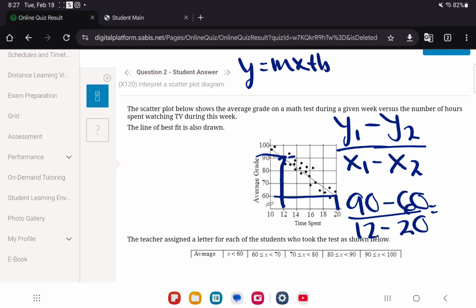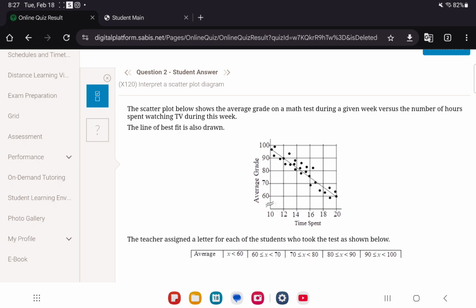We get minus 15 over 4, and that's your m, okay? So let's clear the page and write y equals our m, negative 15 over 4 x plus b. Now to find our b, let's just fill in any values for y and x. I will use 60 and 20.